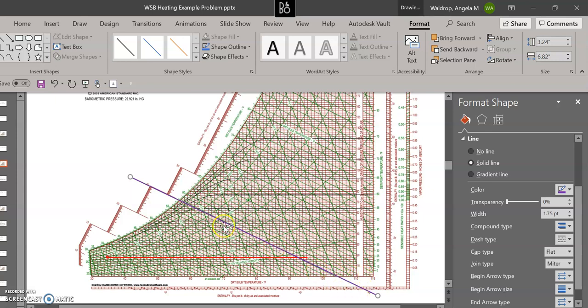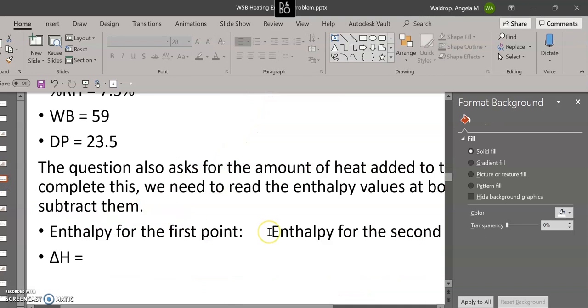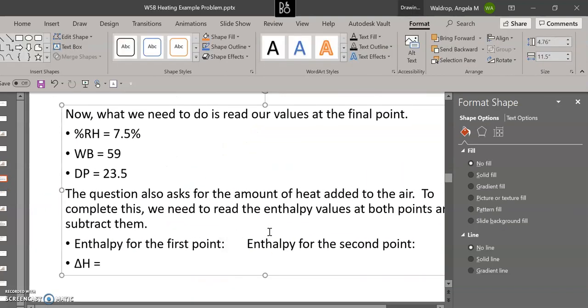Now that I've lined those up, I can pick up this line, and it's going to stay parallel, and I can move it so it's sitting on top of that initial point. When I read my enthalpy value there, the enthalpy for the first point is 11.1.